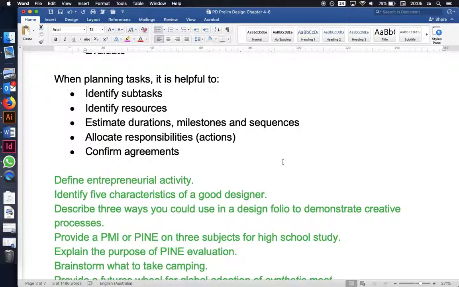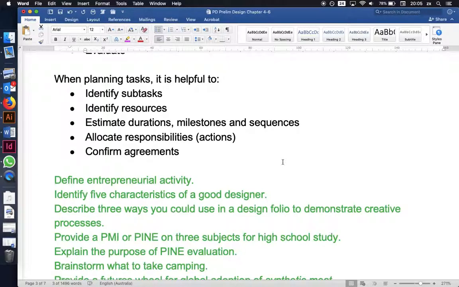The sequence is that sometimes certain activities should best be done in a certain order, and by agreeing that beforehand, you don't have someone going off and doing something which will have to be redone by someone else. We need to allocate responsibilities. The term we use in meetings is actions, so we say that we have these 3 things that are actions for Jimmy, and that he's going to do those by this date.